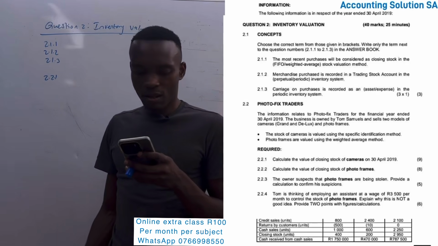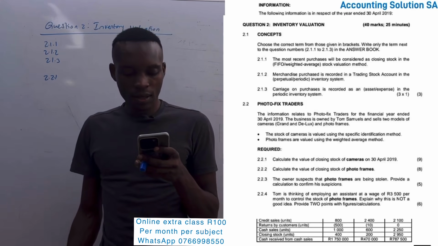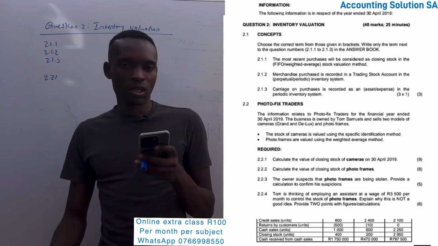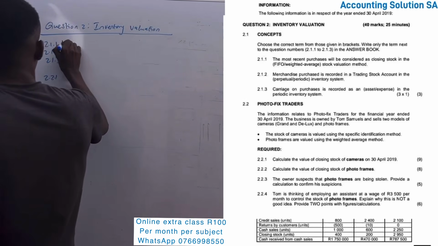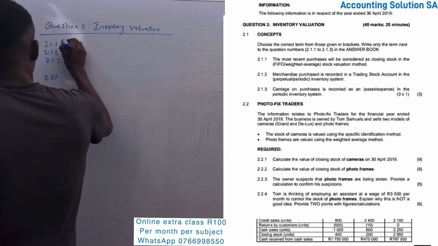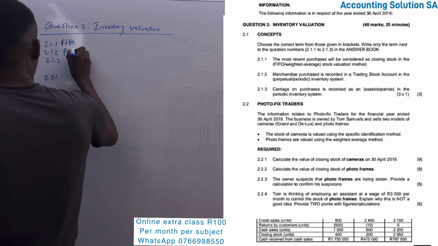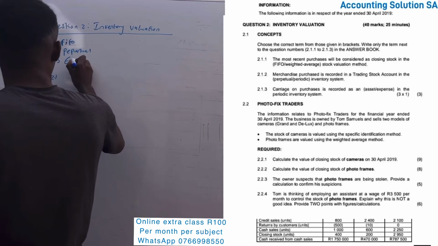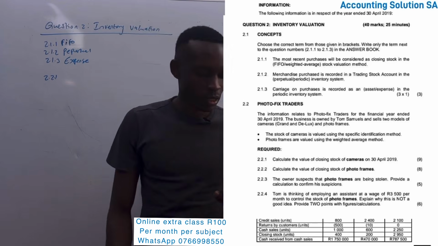Then number 2.1.3, carriage on purchase is recorded as an asset or expense in the periodic inventory system. What do you think? Okay, so these are the answers. Number one, you should have written FIFO, and number two is perpetual inventory system. Number three is expense. Okay, I hope you guessed it correctly.